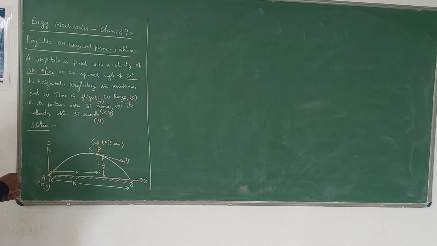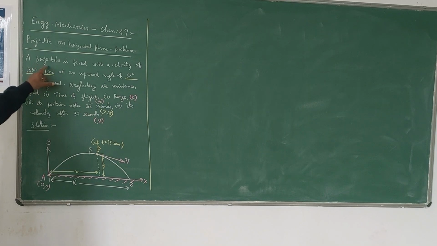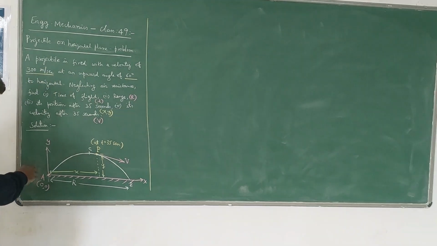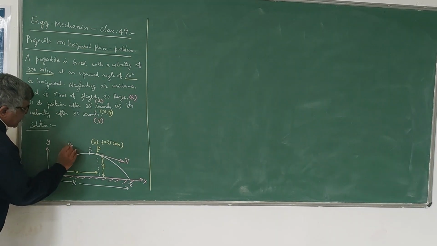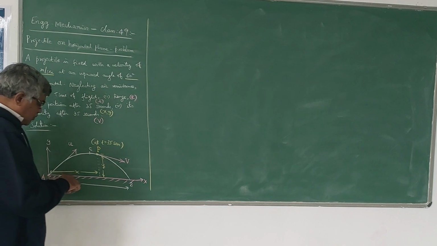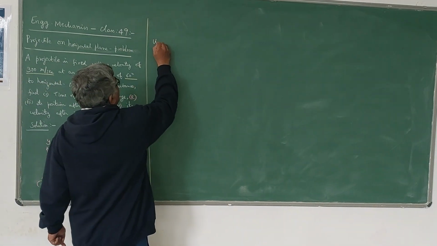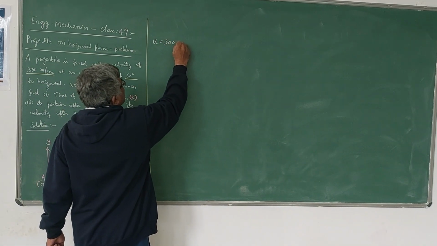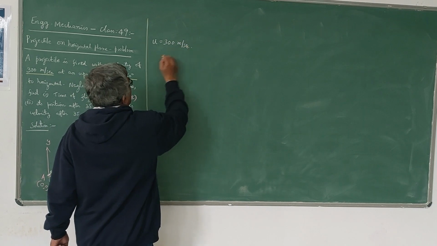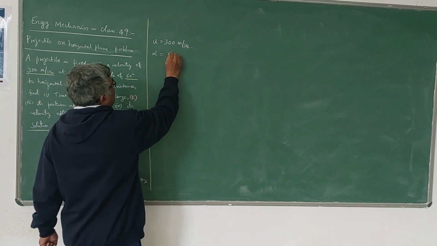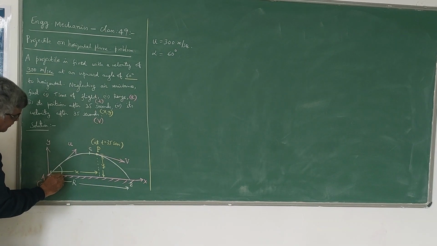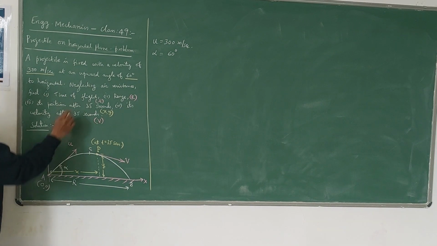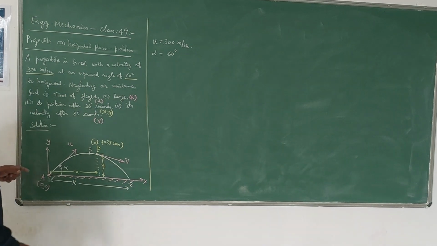Now let us write down the data whatever is given. The projectile is fired with a velocity of 300 meters per second, so the velocity at the point of projection, u, is given. So u is equal to 300 meters per second. Then the angle of projection, alpha, has also been given as 60 degrees to the horizontal.